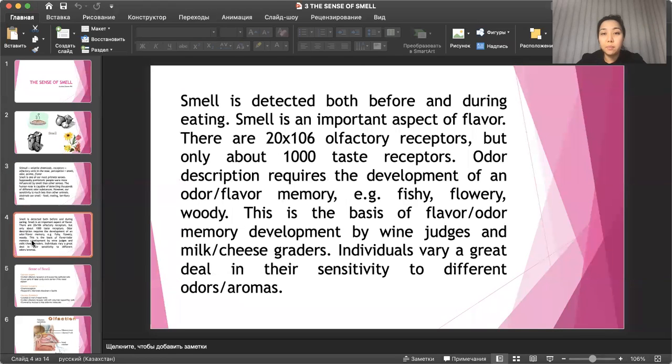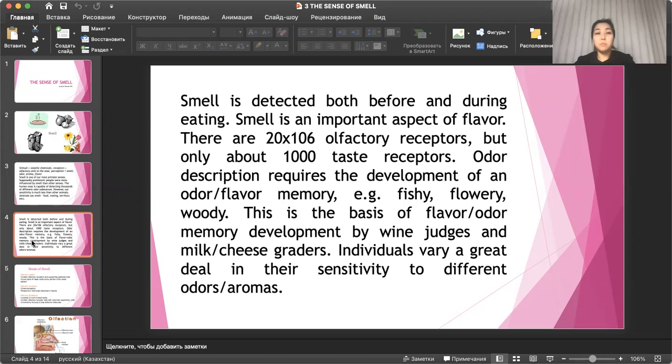Smell is detected both before and during eating. Smell is an important aspect of flavor. The olfactory receptors of the human, we can say, number 20 multiplied by 10 to the 6, but only about 1000 taste receptors.